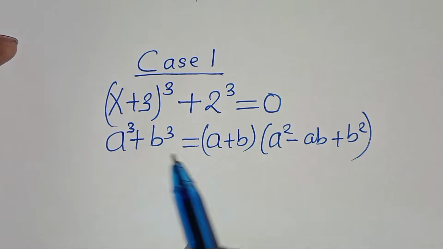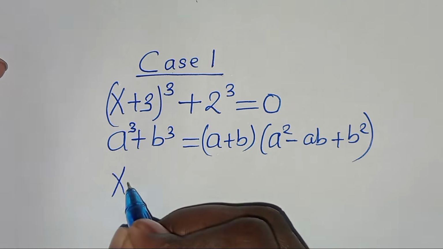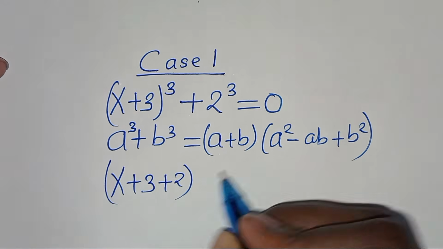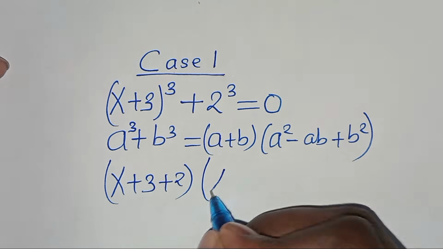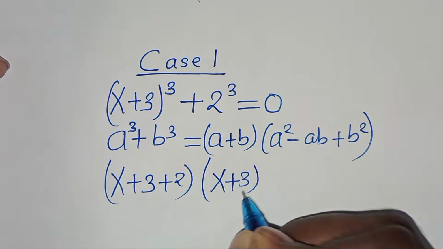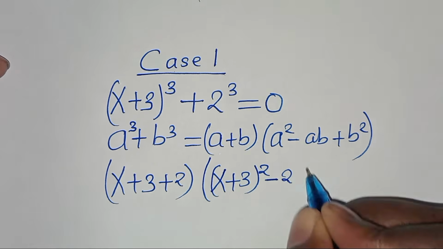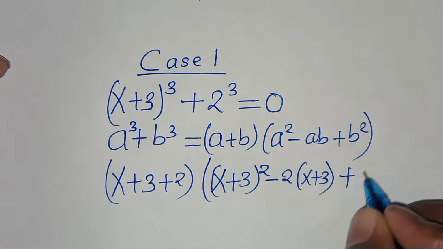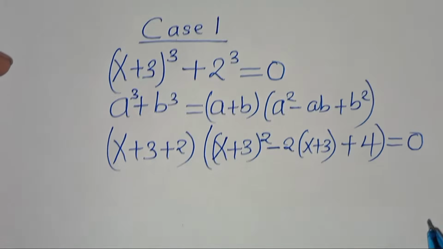Now let's apply this identity here. Then we have (x+3+2) times ((x+3)^2 minus 2(x+3) plus 2 squared, which is 4), equal to 0.